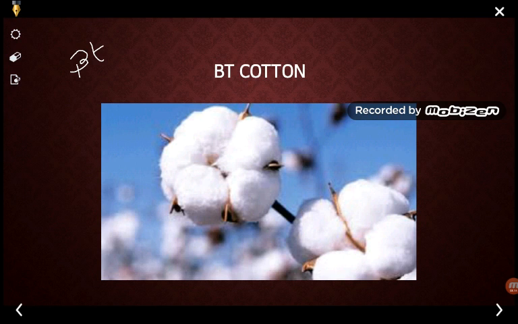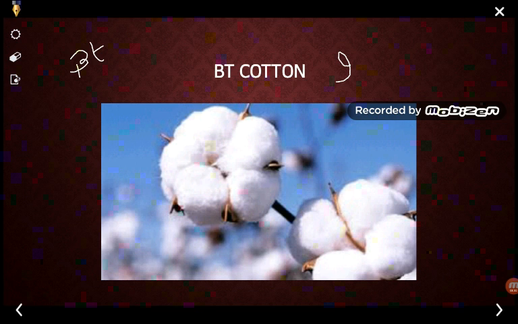Here in this Bt cotton, it is an insect or pest resistant plant. It is produced by means of recombinant DNA and genetic engineering, so these plants can resist the pest.